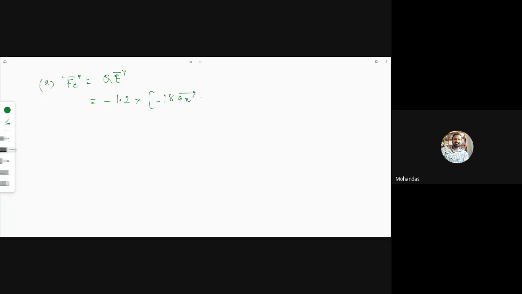Then multiply with 1.2. Then you will get 21.6 Ax, because 18 into 1.2 is 21.6. Next, minus 1.2 into 5 is minus 6 Ay, plus minus 1.2 into minus 10 becomes 12 Az.